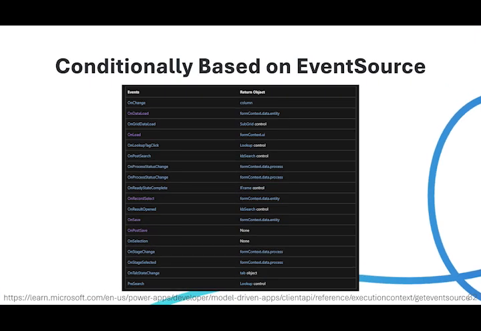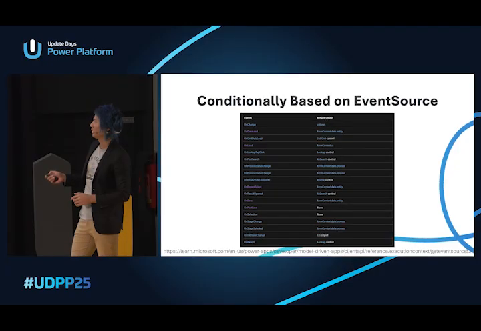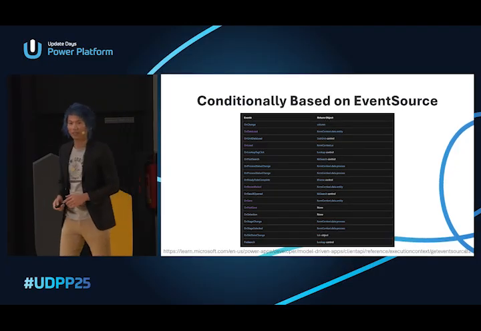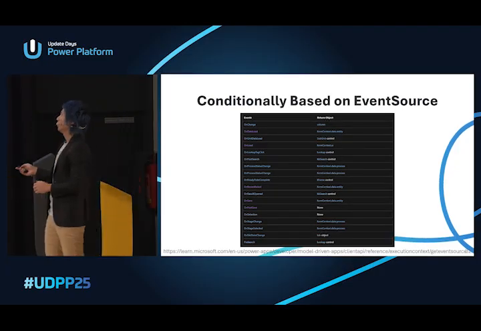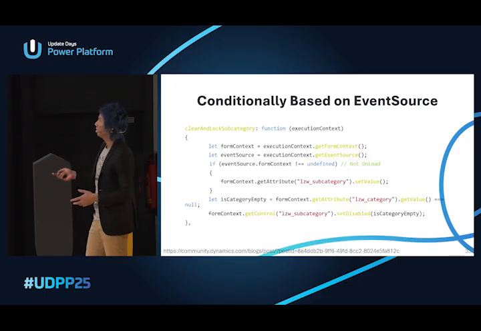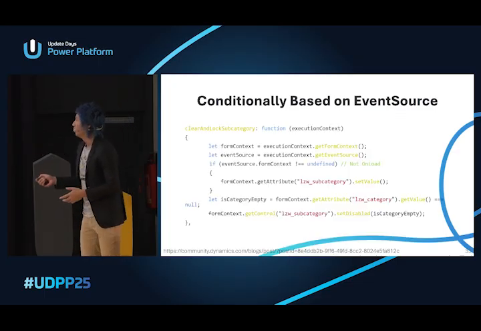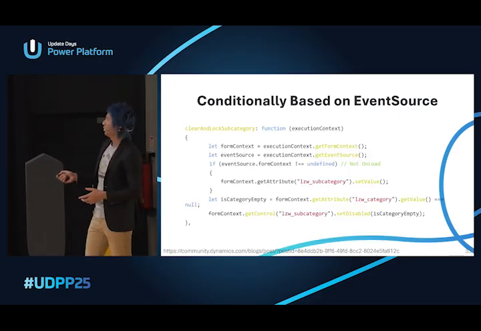For each event, the execution contexts return different types of objects for the event source. For example, onload will return the form context, and for onChange, it will return the column value. So by using that information, you can dynamically check whether you want to set this value as empty or not.